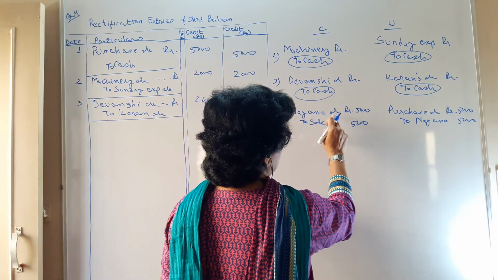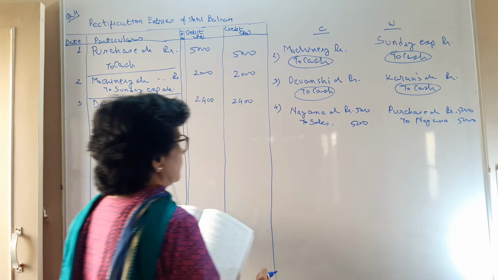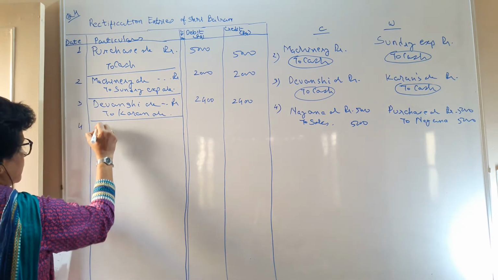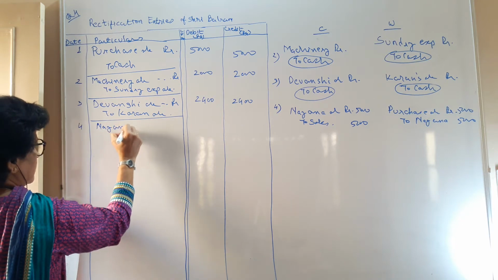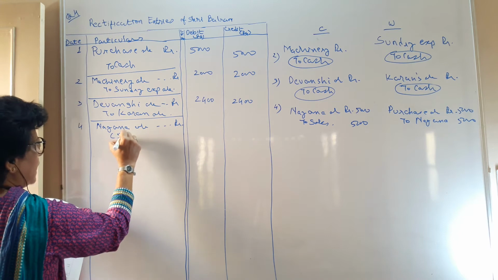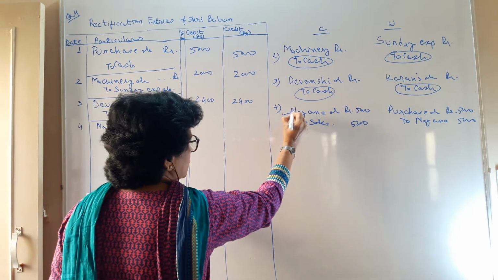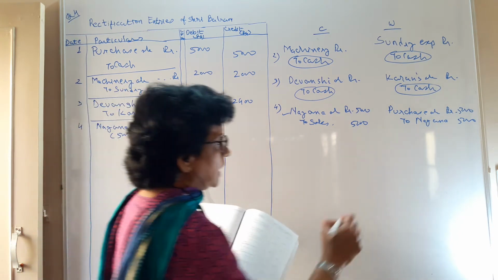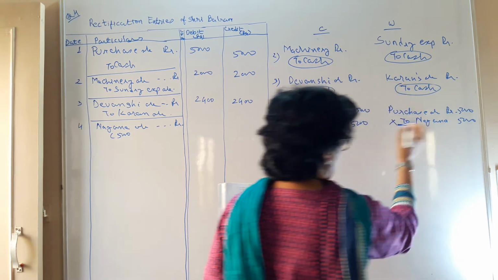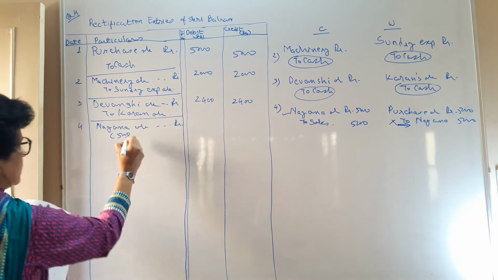Here the Naina account is to be debited. So let us do the rectification process. Naina account to be debited 5,000 for this particular purpose, and the second 5,000 is to nullify this, to cancel it. So for that again Naina to be debited.